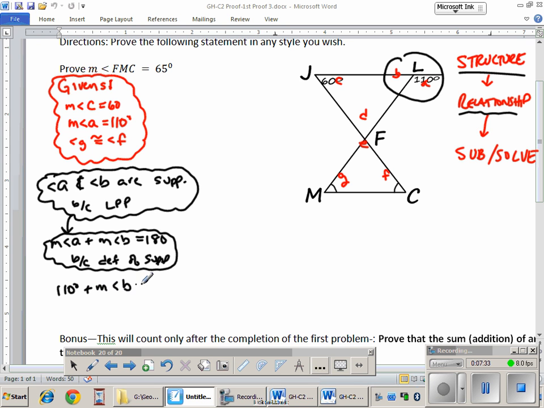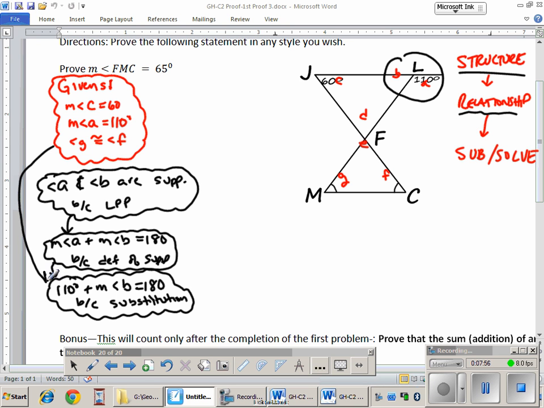And of course, 180 stays 180. So I can definitely say this is because of substitution. Definition of substitution, but substitution nevertheless. In terms of arrows, I should draw one here because that idea came from there, but I should also draw one here from my givens, because I pulled the angle A 110 from that given statement.